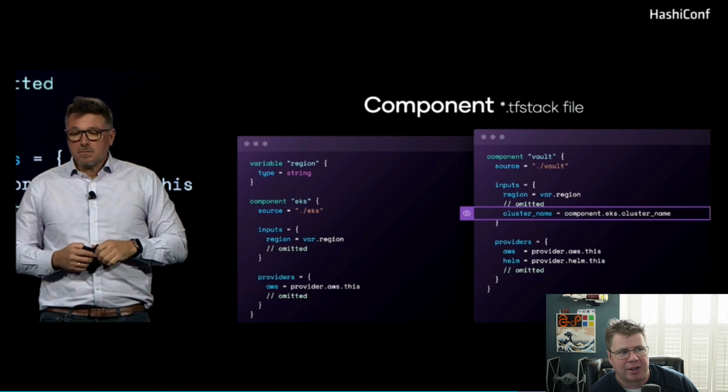And so by introducing stacks, it allows the Terraform apply to remain deterministic, which means we know everything that's going to happen within that plan, and we can have much more predictability about what gets applied to our environment.